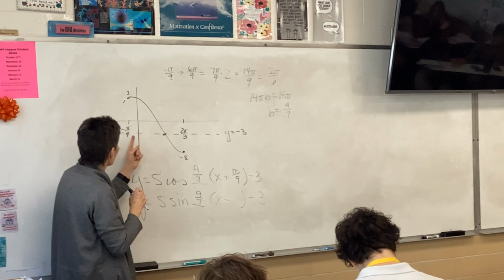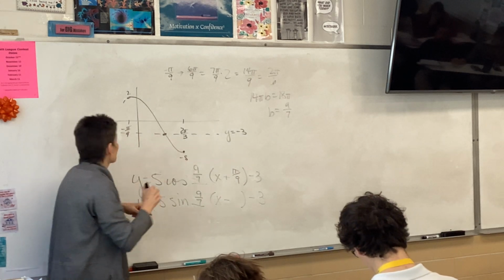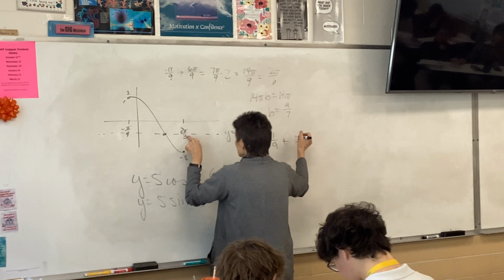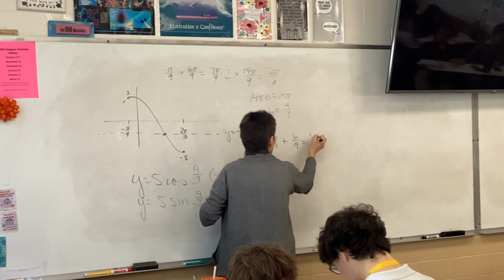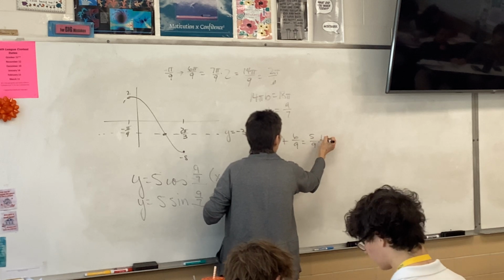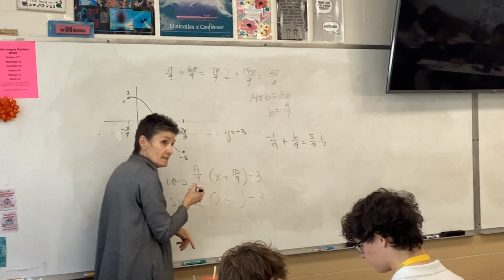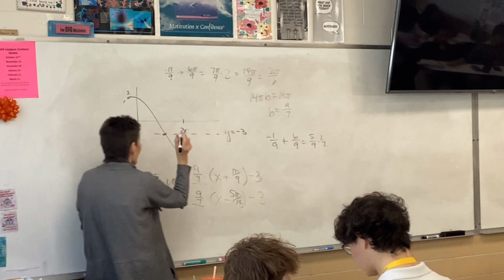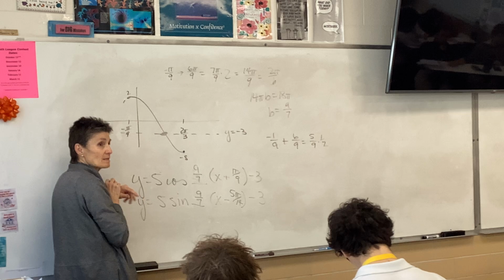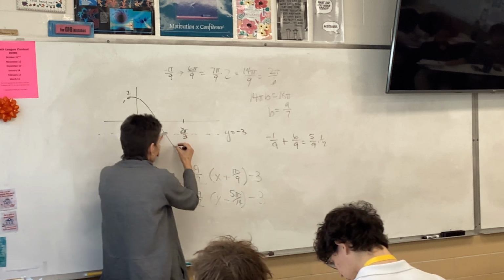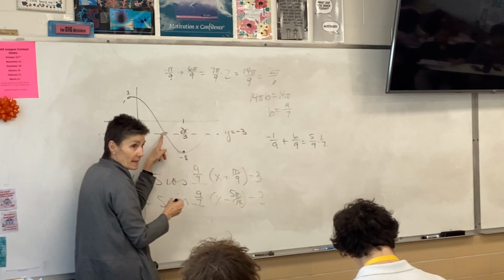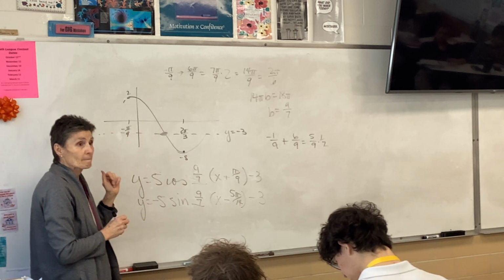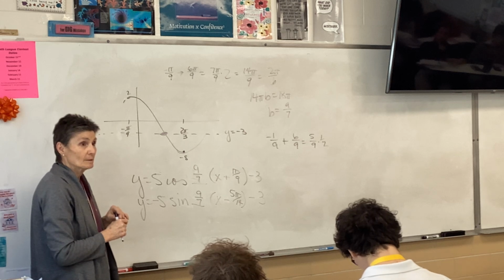That will be halfway between these two, so -1/9 and 6/9 makes 5/9, and half of that is 5/14. So x minus 5 pi over 14. But if I start there, obviously I'm going to have a negative sine curve. Got that? Is that okay?